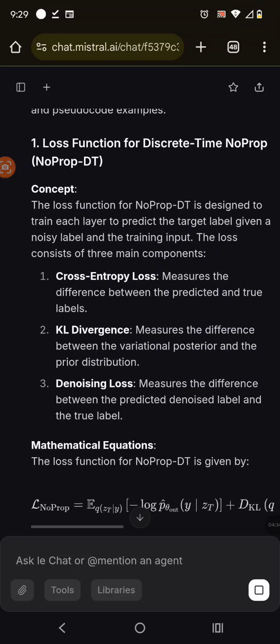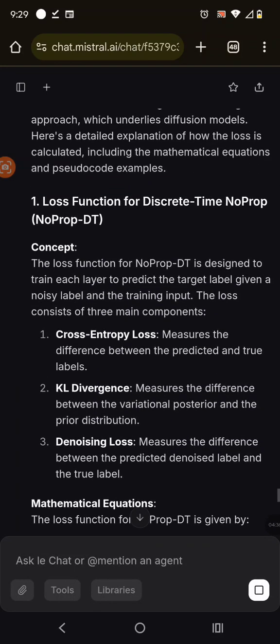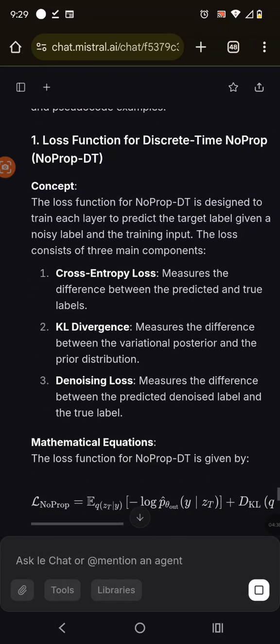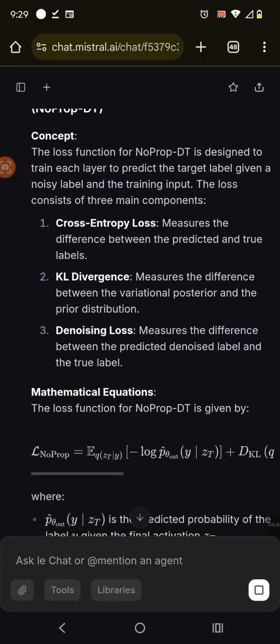So the loss functions for discrete-time NOPROP are cross entropy loss, KL divergence, and denoising loss. The denoising loss is the measure of the difference between the predicted denoised level and the true level.